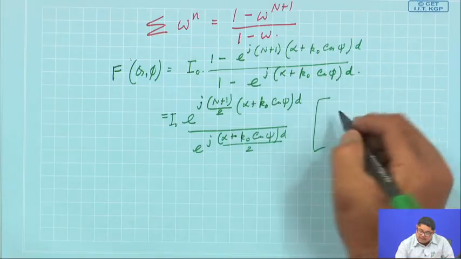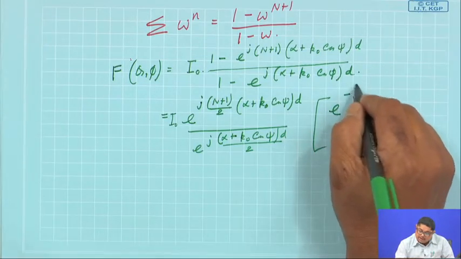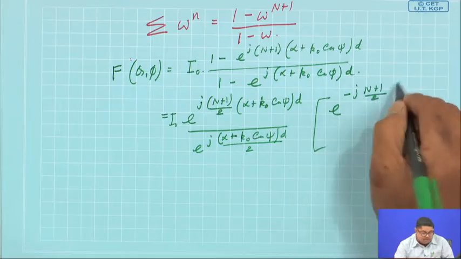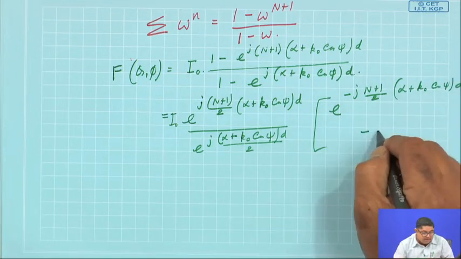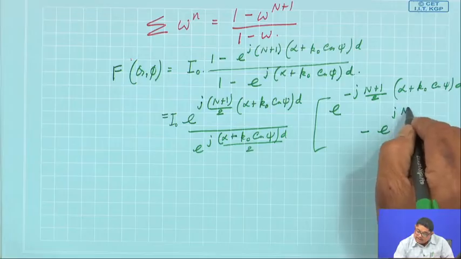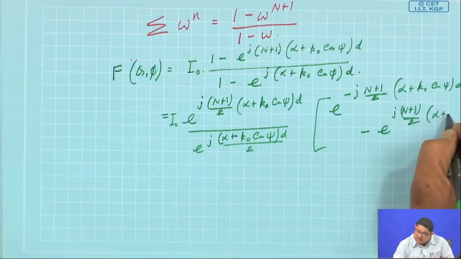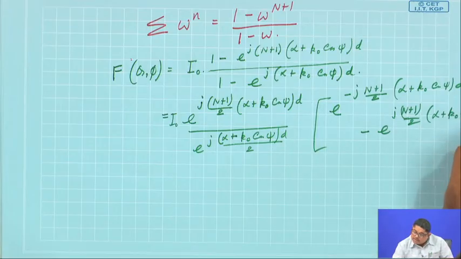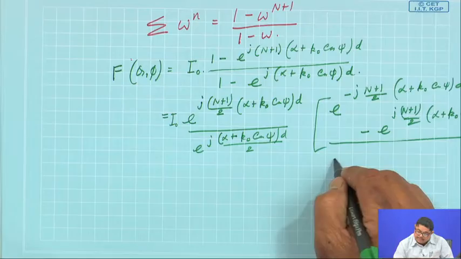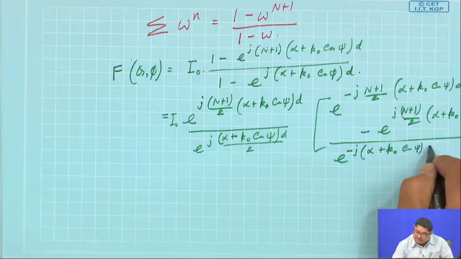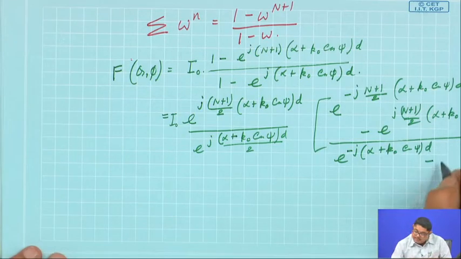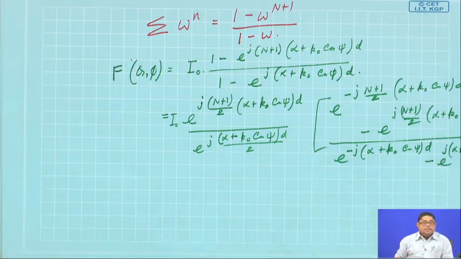Then you can write it as e to the power minus j (n plus 1)/2 (alpha plus k naught cos psi d) minus e to the power plus j (n plus 1)/2 (alpha plus k naught cos psi d), divided by e to the power minus j (alpha plus k naught cos psi d)/2 minus e to the power plus j (alpha plus k naught cos psi d)/2. That is all, pretty simple.